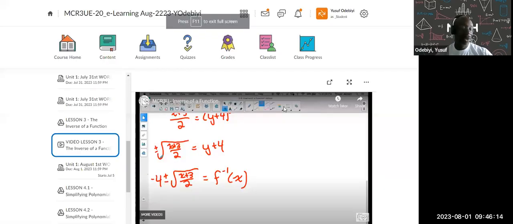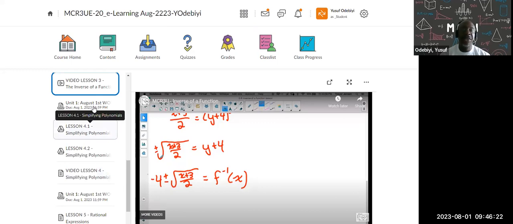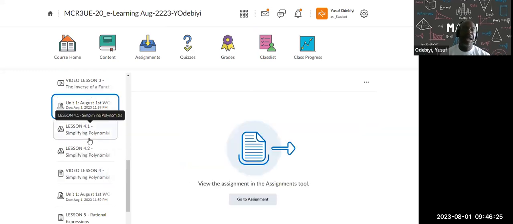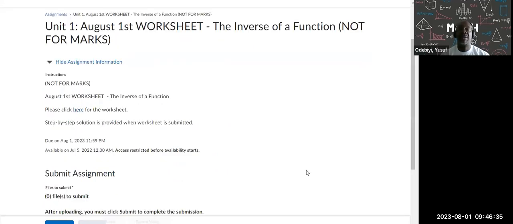Okay, so now let's go over to the next one. Well, we still got some time. Simplifying polynomials. So here, by the way, you have questions on this. Let's look at some of these questions first of all, to get you to practice. See what it looks like.